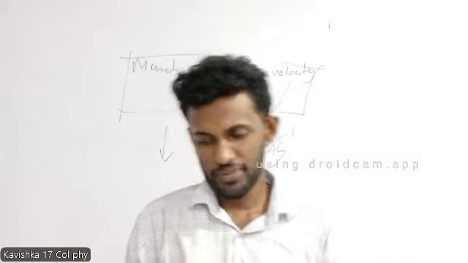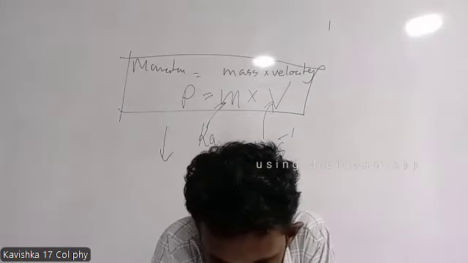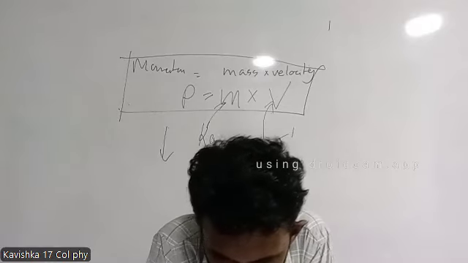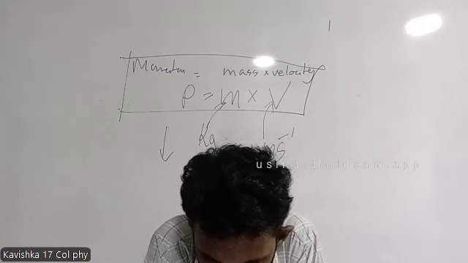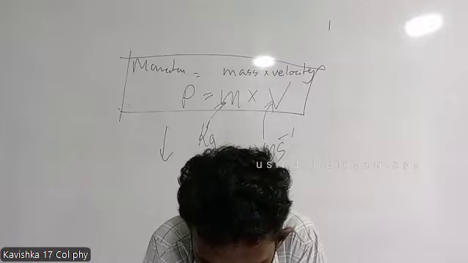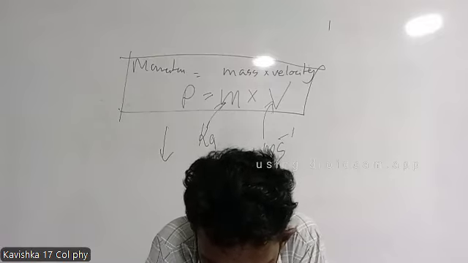Veron put an answer. The choice of the letter P for momentum is rooted in the historical context of scientific terminology. The term impetus was used in the scientific community to describe the property of moving objects, and the letter P was taken from the letter P in the term.